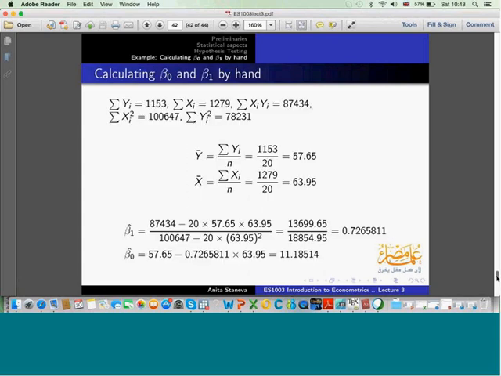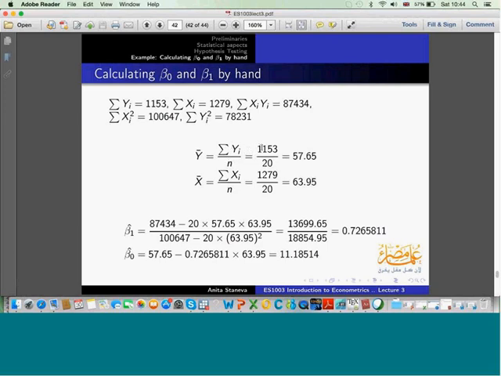And then we just substitute in our formulas in order to calculate our beta 1 hat and beta 0 hat. So we first calculate the means, which is equal to the sum of all elements in y over the sample size.